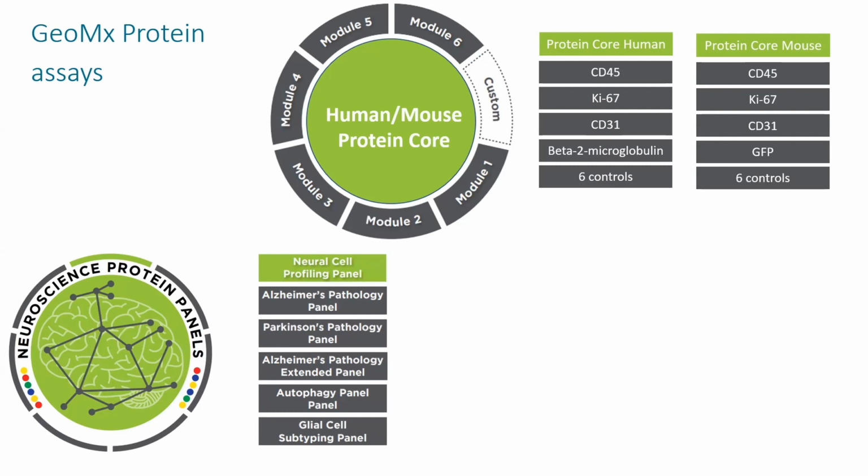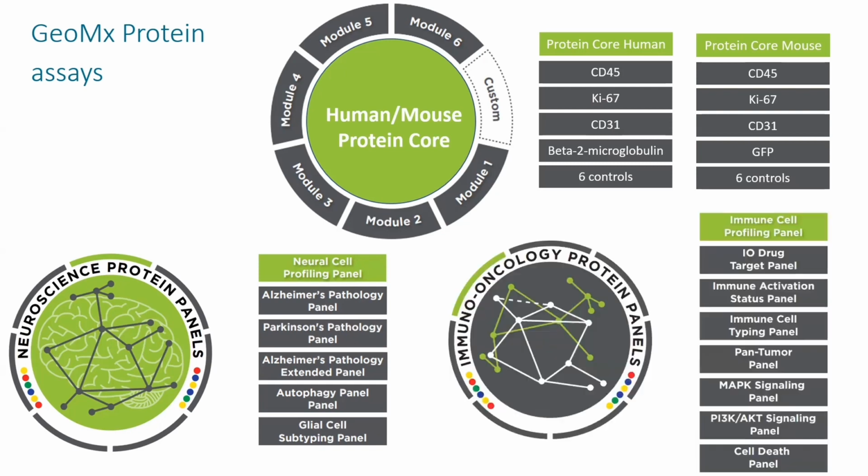There's one for neuroscience, covering Alzheimer's, Parkinson's, glial cells, and more. And there's also immune oncology protein panels covering, of course, different immune cells, but also a pan-tumor panel and different signaling pathways. And each of these panels is around 10 antibodies.